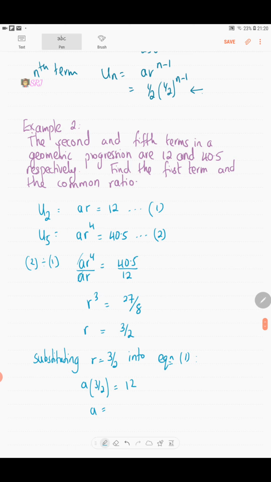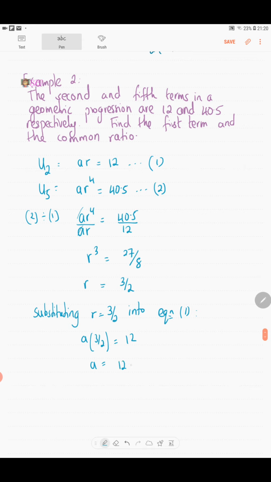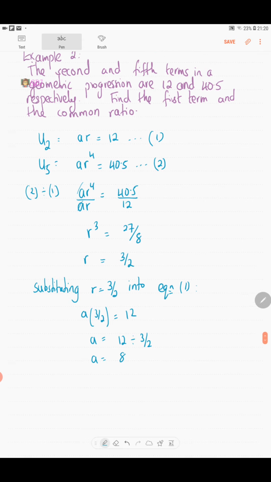We obtain a as 12 divided by 3 over 2, this gives us 8. So the first term is 8 and the common ratio is 3 over 2.